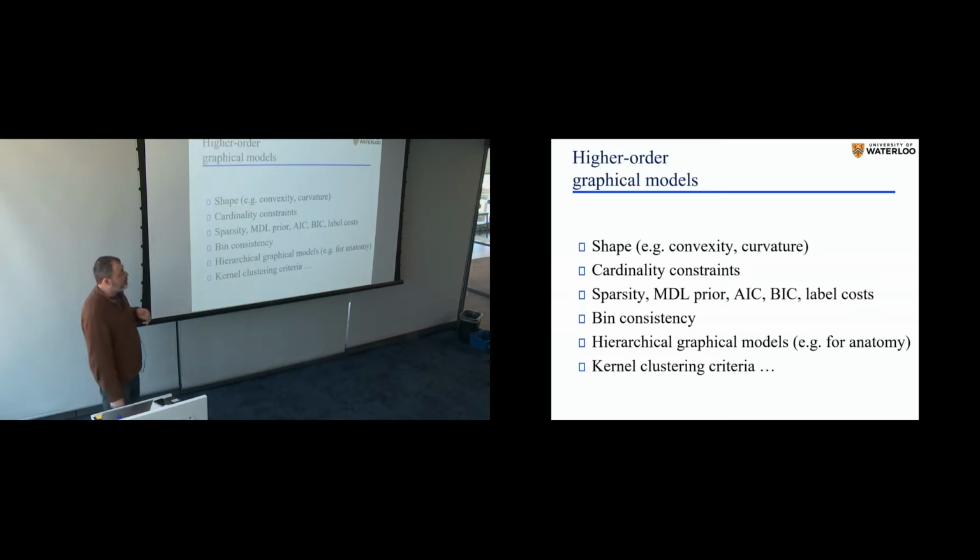Another thing, besides submodularity, is high order. High order doesn't necessarily mean you have to optimize it with an nth order polynomial solver. There are still efficient high order models, and the important thing is that you can optimize some of the high order models well, but it's also interesting what kind of high order potentials are useful and can be optimized. There's also a lot of research that's been done in this area.